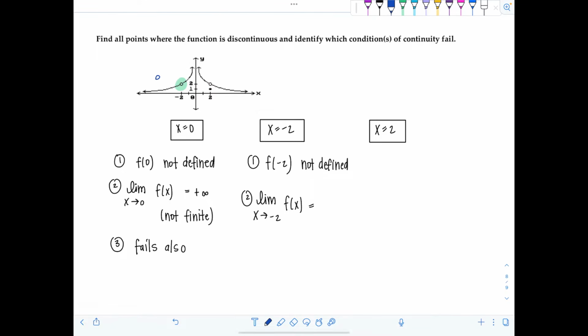If you're walking on the graph from the left side of -2 or from the right side, you're going to the same place. You're approaching 2. So that limit is 2. That's finite. That's okay. But condition 1 failed. So obviously condition 3 fails because 1 failed.